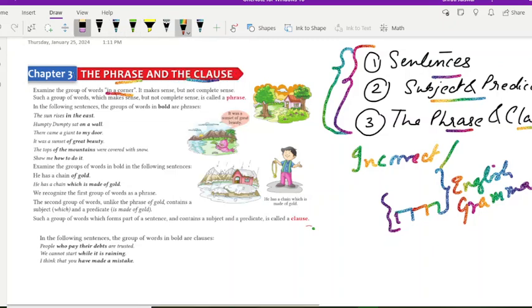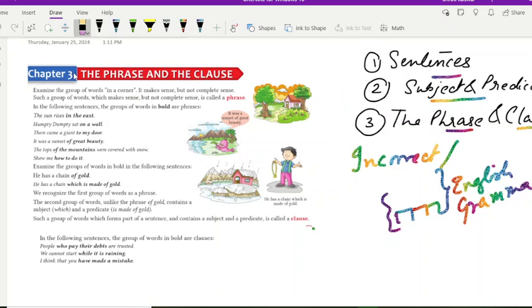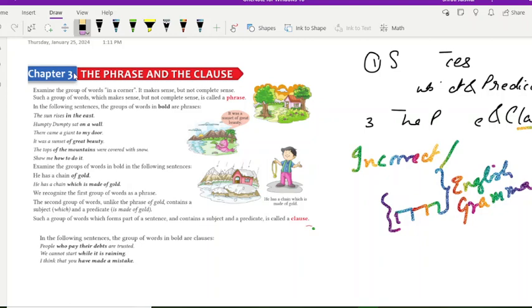In case someone asks you, tell me what is the meaning of in a corner, or maybe a sentence like sit down, any kind like that, does it have a sense? To my door, or in the east, or of gold, or maybe of the mountains. In case of this kind of sentence, do you find any kind of sense? No, right? Wait, pause just a minute.